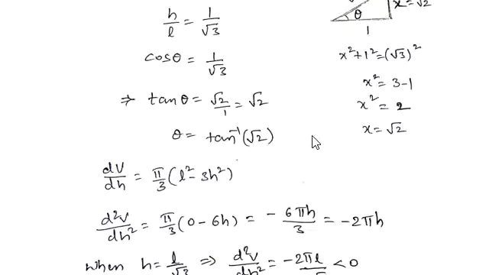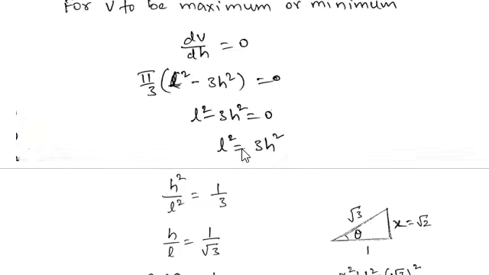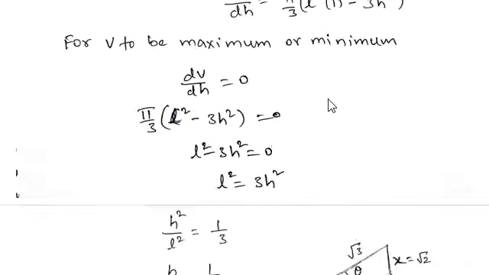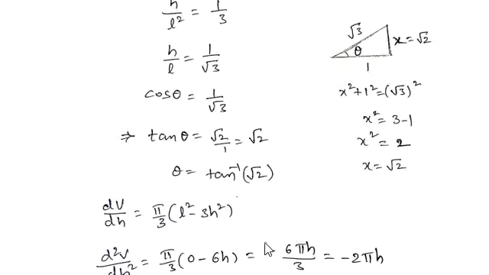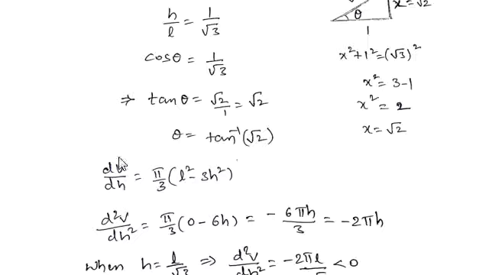Now write dv by dh from above, once again it is pi by 3 into L square minus 3h square. When you differentiate once again, it is d square v by dh square. Pi by 3 is constant and L square is constant here, so it is 0, and for 3h square it is 3 into 2h, which is 6h.